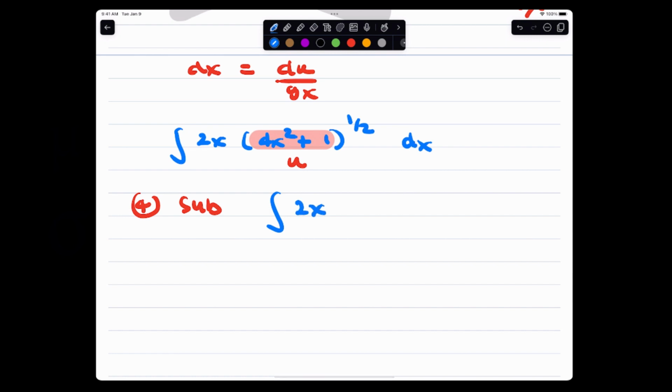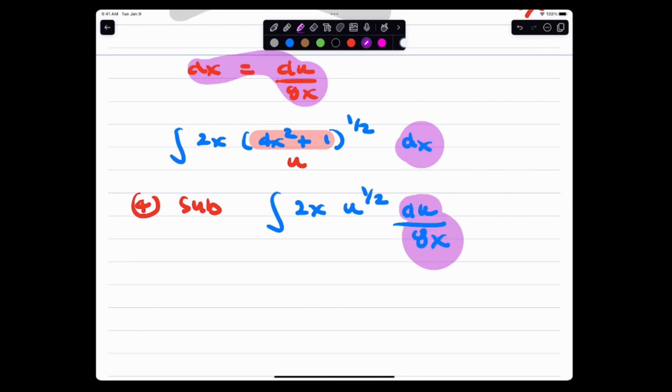I'm going to leave my 2x alone, but I have u to the 1/2. Is that true? Right, when you substitute. Now, what is dx, though? Du over 8x. Isn't that here? Du over 8x?